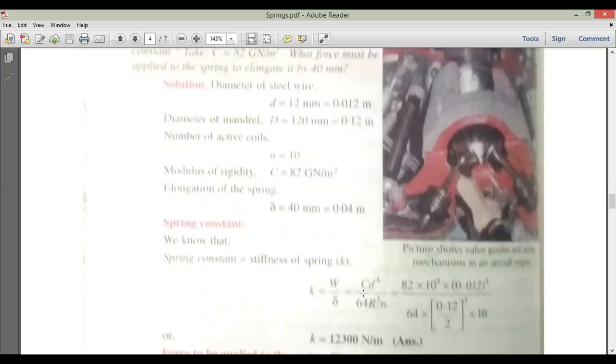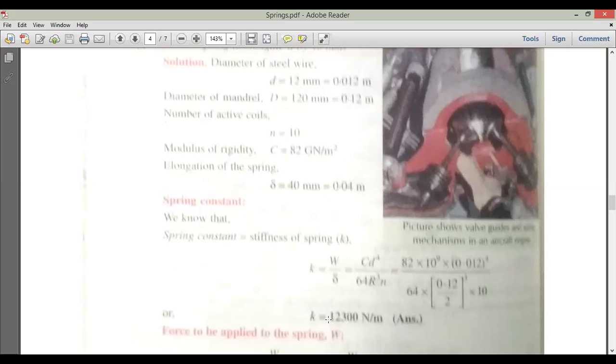Now substituting the value, C is 82 to the power 9 into d is 0.12, 0.12 whole raised to power 4 divided by 64 into R, which is again 0.12 divided by 2 whole raised to power 3 into n number of 10. So the value of K comes around 12,300 Newton per meter.